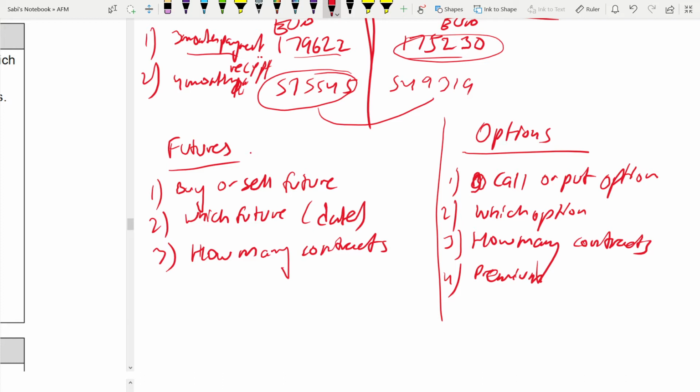Here you need to find more things. You need to find basis risk. Okay, basis is there, and hence you have to find the closing future price. The future price which you are given is the opening future price; you have to find the closing future price.